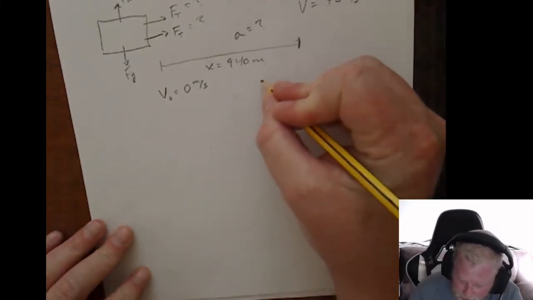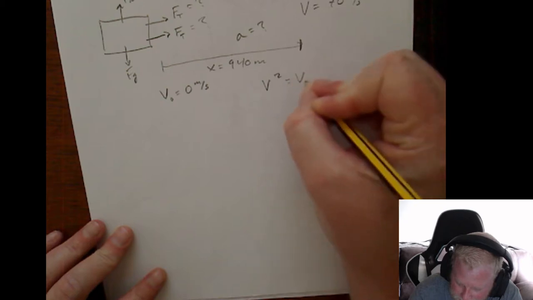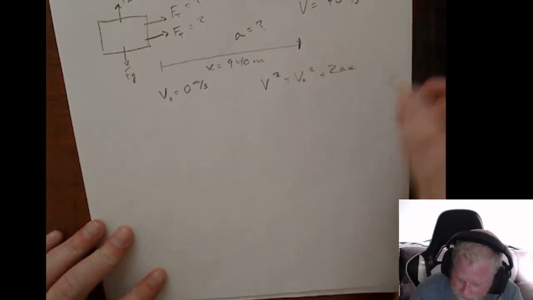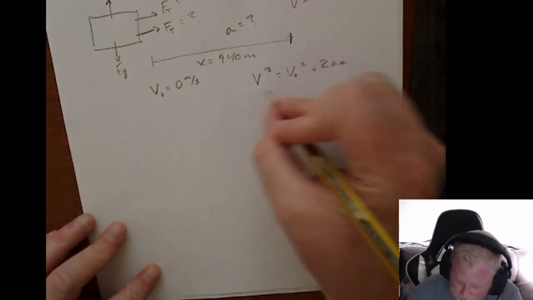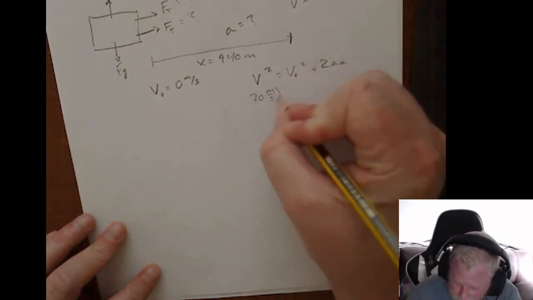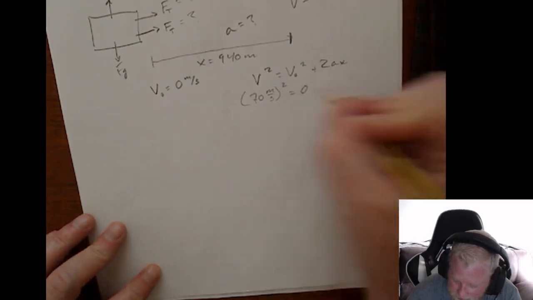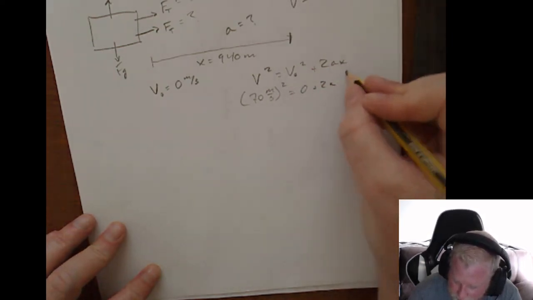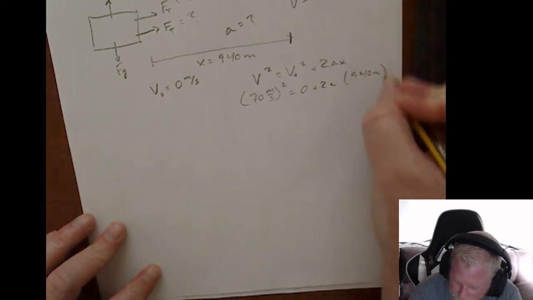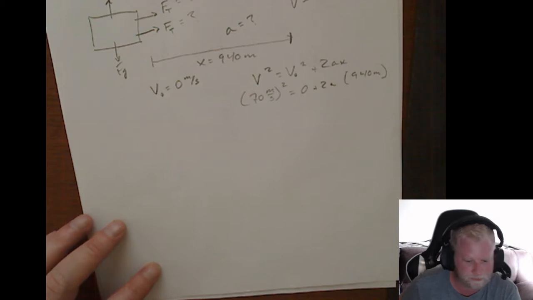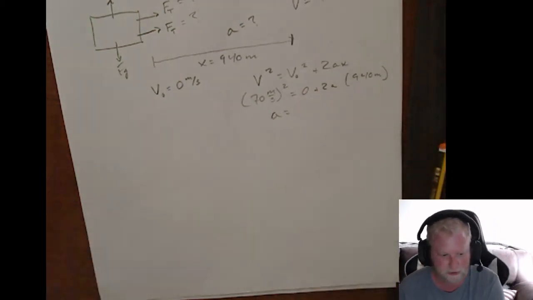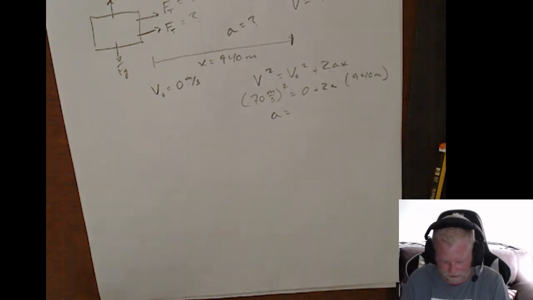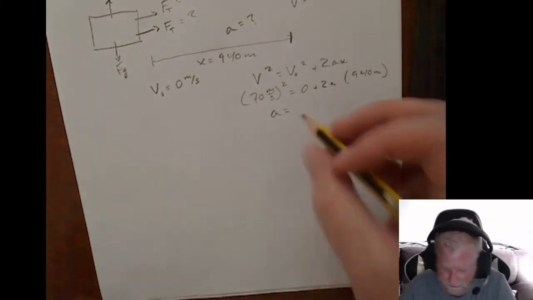So if we take v squared equals v naught squared plus 2ax, where v is 70 meters per second, v naught is 0, plus 2 times unknown times 940 meters, and we solve that out: 70 squared divided by 2 divided by 940, we get an acceleration of 2.61 meters per second squared.